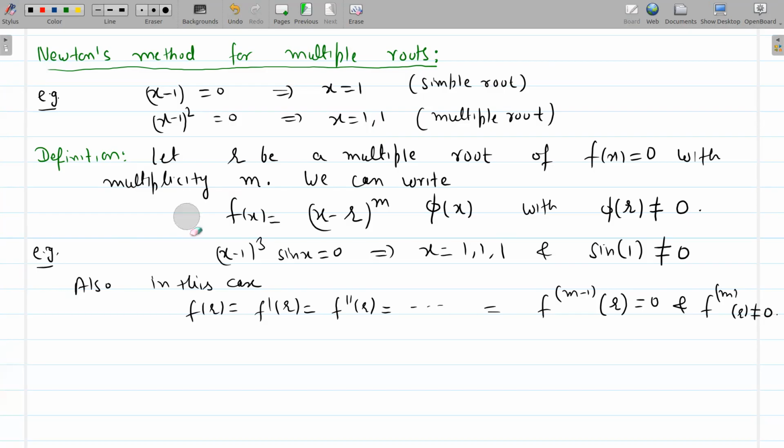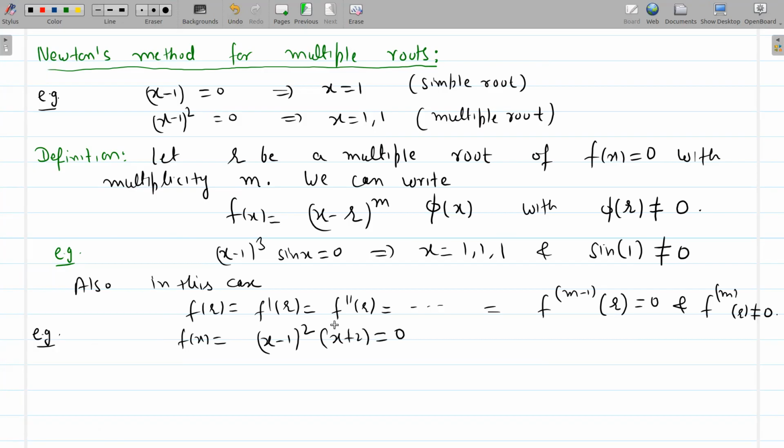ये भी एक डेफिनेशन है मल्टीपल रूट की कि फंक्शन जीरो हो, फर्स्ट डेरिवेटिव, सेकंड, सारे डेरिवेटिव जीरो हो. अगर मल्टीप्लिसिटी 3 है तो थर्ड डेरिवेटिव नॉन जीरो होगा, फर्स्ट और सेकंड जीरो होंगे. वो कैसे होगा कि लेट अस टेक एन एग्जांपल. Let us take f(x) equals (x minus 1) square (x plus 2).